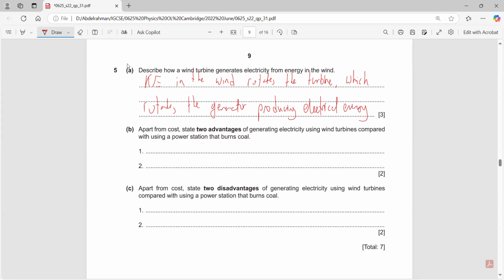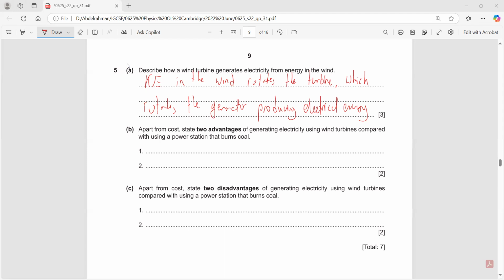Apart from cost, state two advantages of generating electricity using wind turbines compared with using a power station that burns coal. Apart from cost, we need to find two advantages. You can say it's renewable. No air pollution.